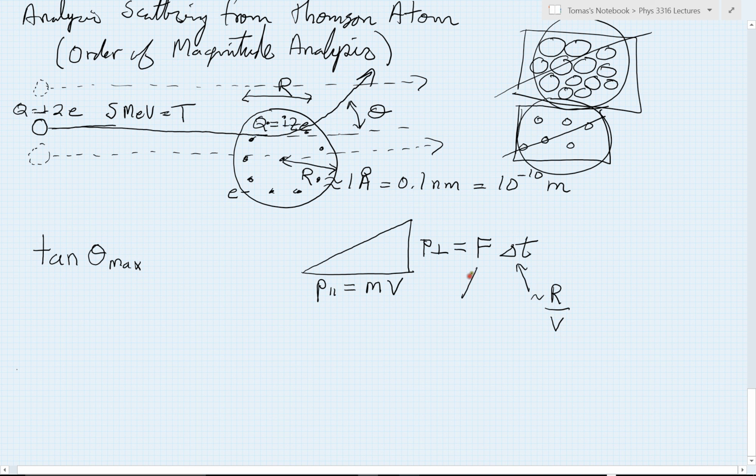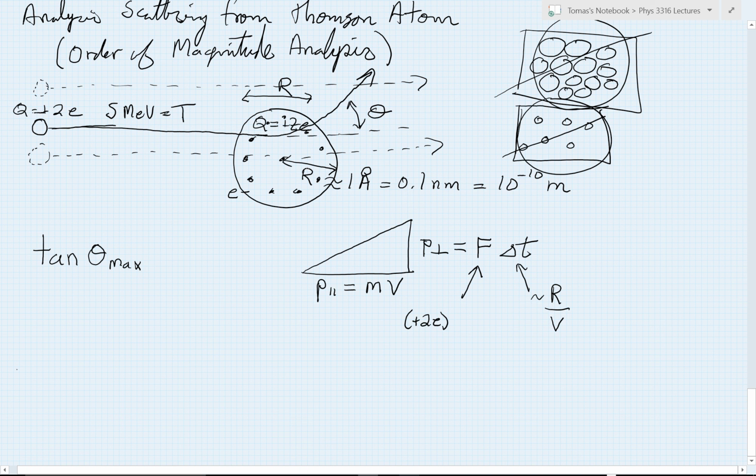Now the force. This alpha particle is feeling some type of electric field as he travels through here, and force is charge, in this case plus 2e, times the electric field. Once I get inside this negative electron shell, I'm going to be feeling the full charge of this nucleus.